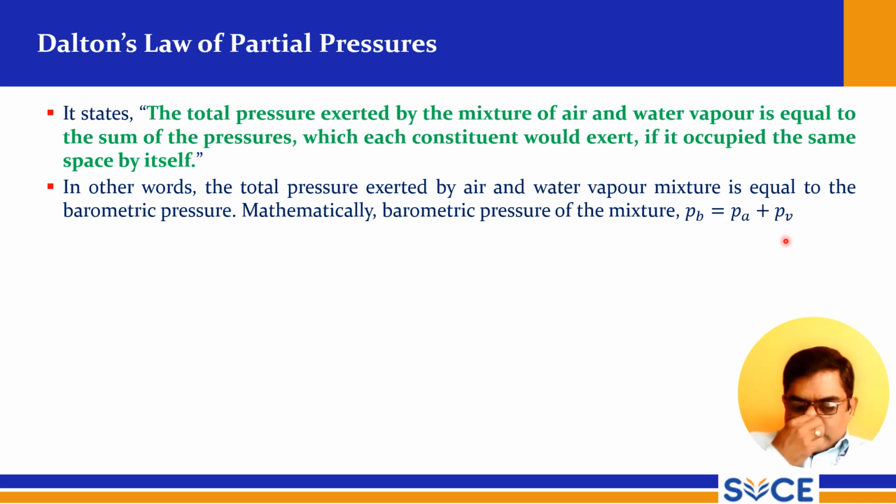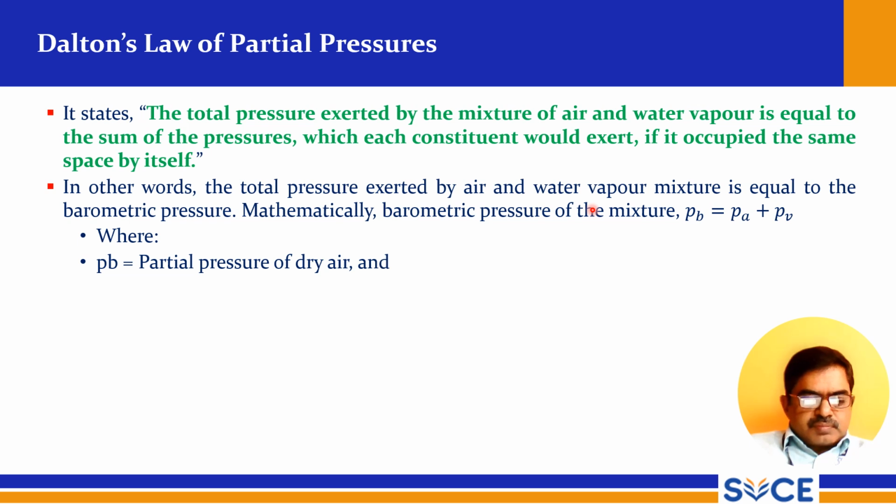The summation of both gives you the barometric pressure, which is nothing but the pressure measured by the barometer, where PA is the partial pressure of dry air and PV is the partial pressure of water vapor.